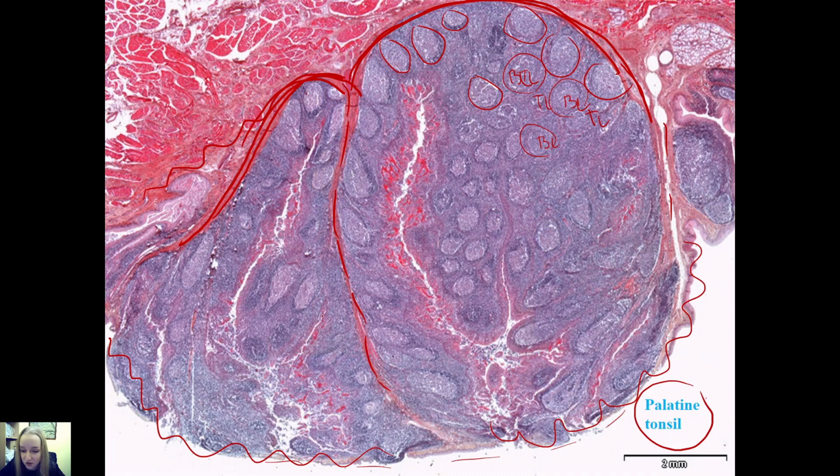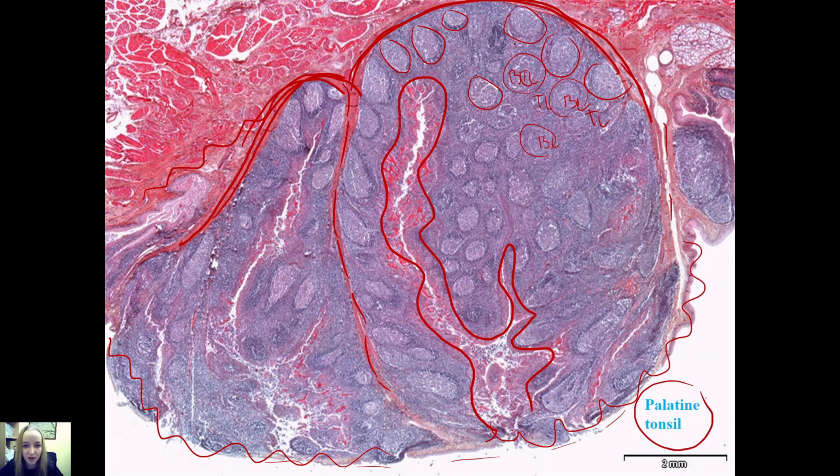And tonsils, like the palatine tonsil, a typical feature of the palatine tonsil is that it creates crypts, these invaginations of epithelium that are covered with the epithelium that is on the surface.